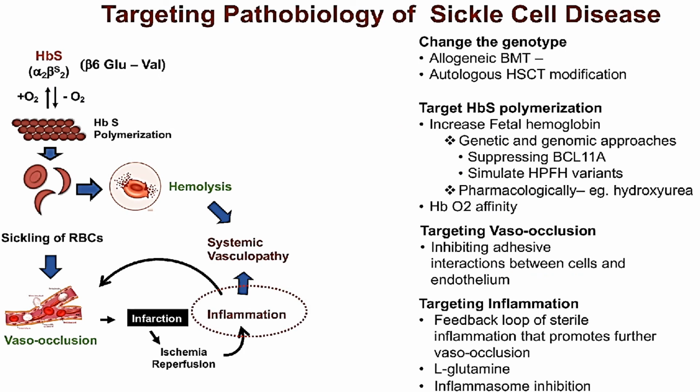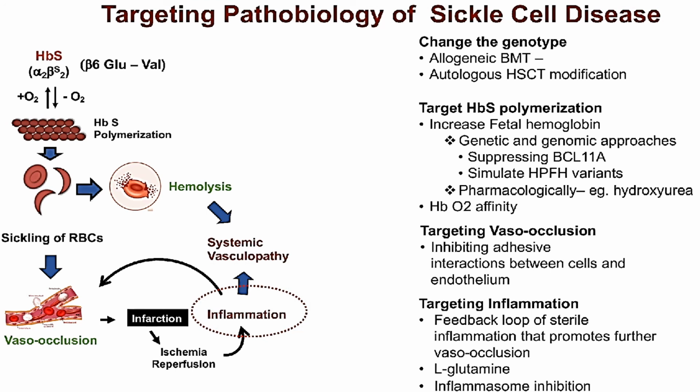Now, how can we treat these patients, or how can we target specific sites of the pathobiology to help in the disease? If we do a transplant, this is like treating the disease from its roots.